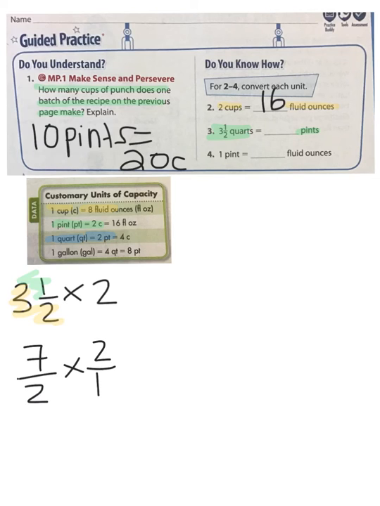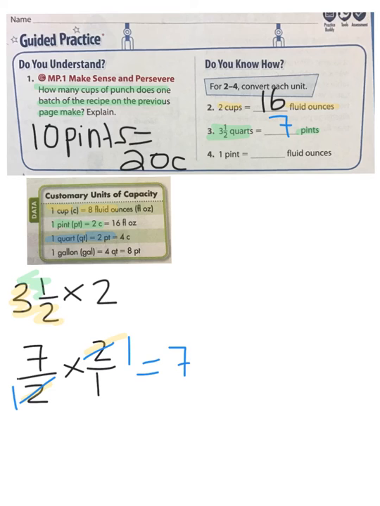I also taught you and reviewed yesterday that when you cross multiply, if the numbers across are the same, you can cross them off and make them both 1s. So I'm going to do that. This becomes a 1 and this becomes a 1. So 7 times 1 equals 7. So my answer is 7 pints.